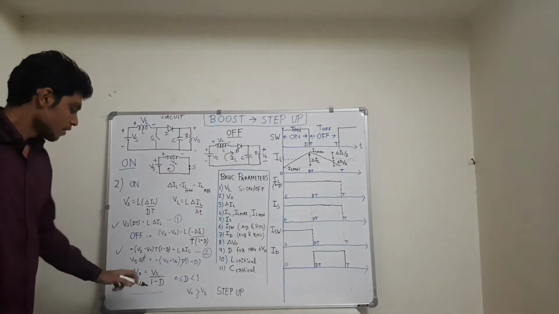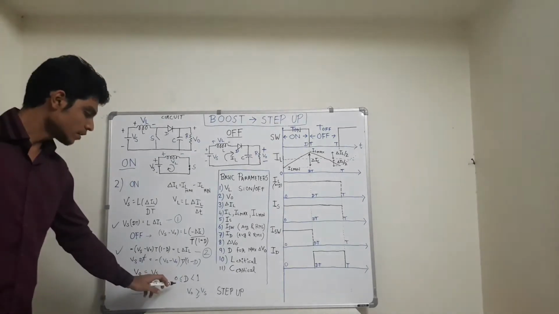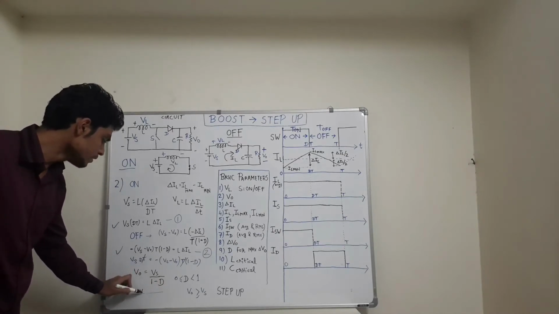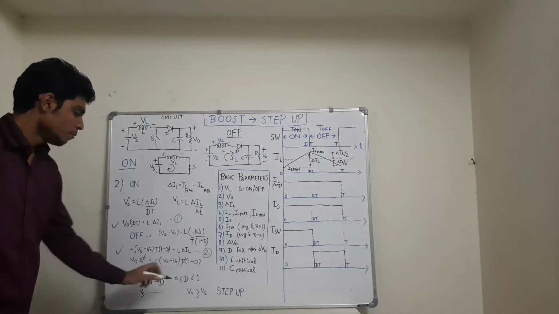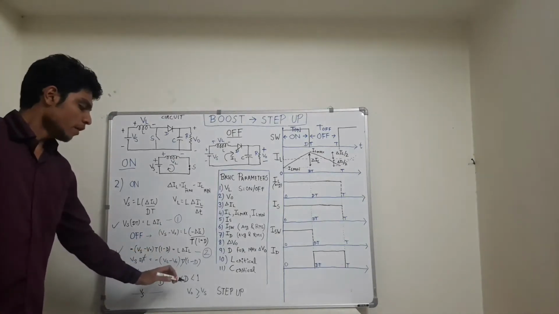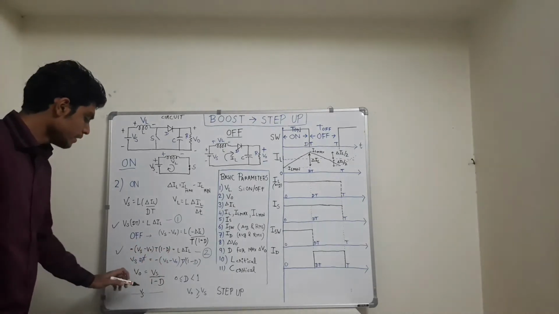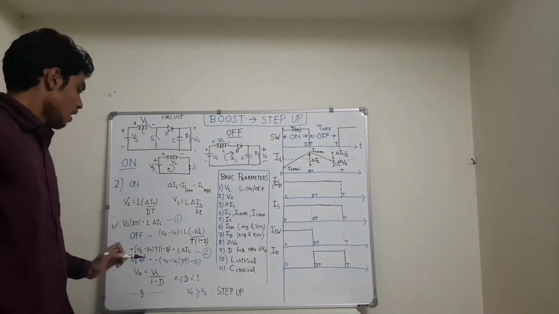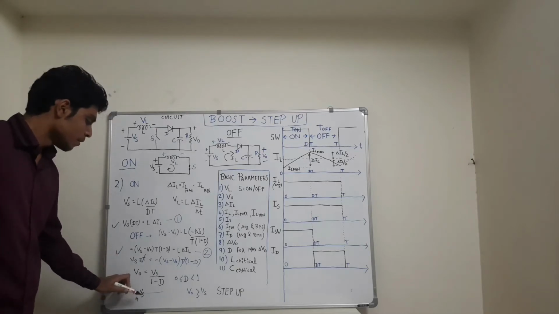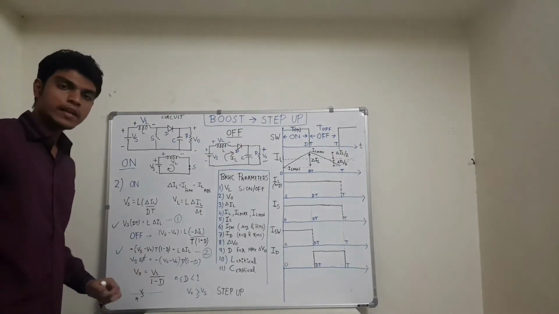Now we know that D is between 0 and 1. First consider D equals 0. The output will be equal to Vs because D is 0. But if we increase the duty cycle, the output voltage will start increasing because 1 minus D would be less than 1, hence the output voltage will increase.